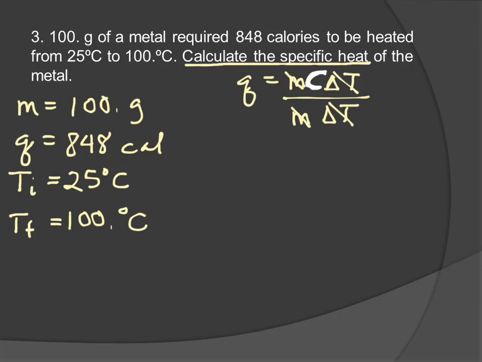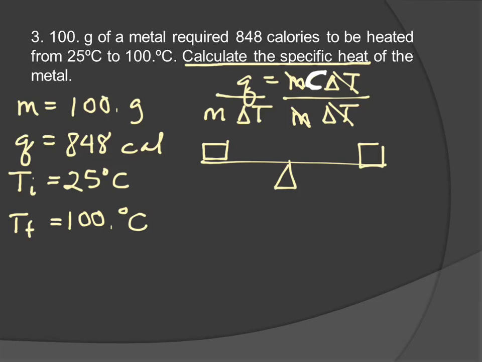I can't stop here, though, because the specific heat is not equal to Q. If I do something to one side of the equation, I have to do exactly the same thing to the other side. Because a math equation is a little bit like a teeter-totter. If you put something on that side, you have to put it on that side so that it stays balanced.